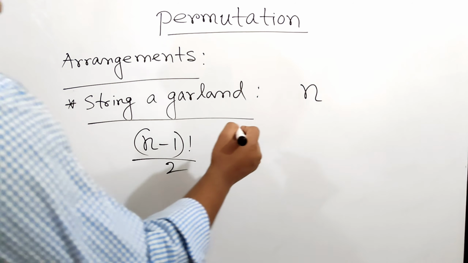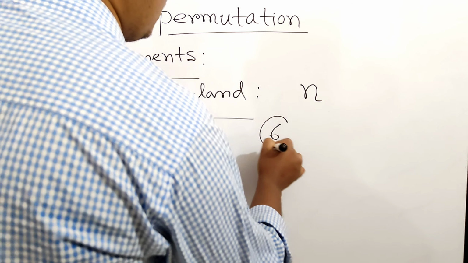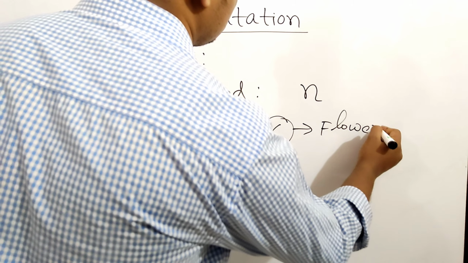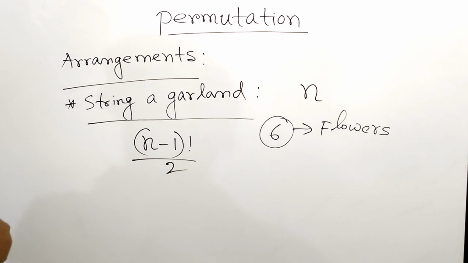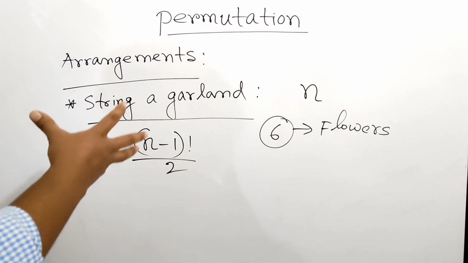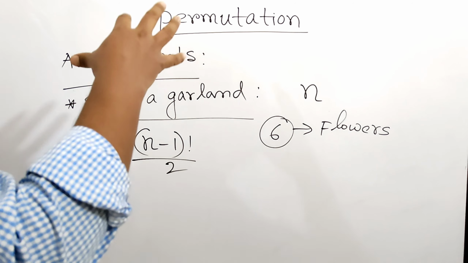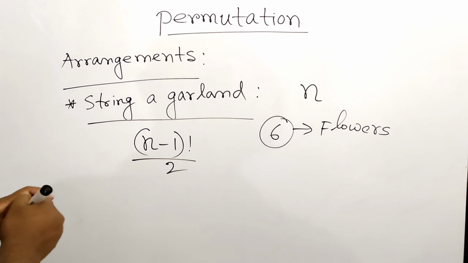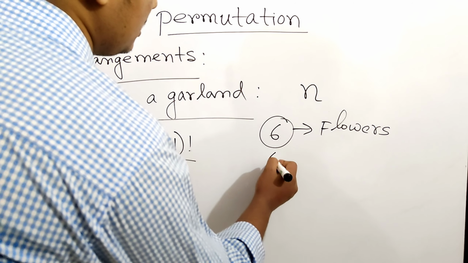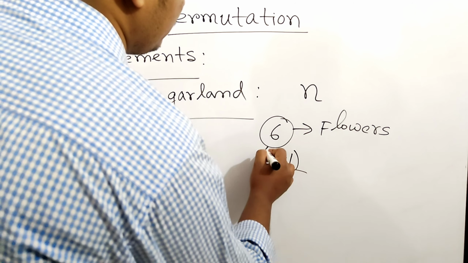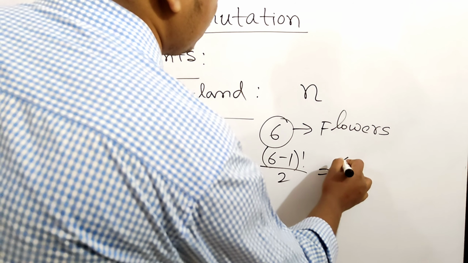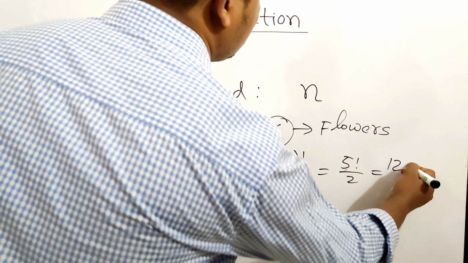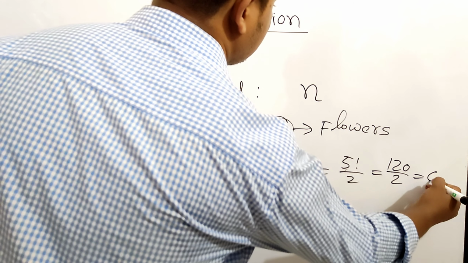So if there are 6 flowers, and the question asks how many ways you can string a garland from these 6 flowers, just use this formula: (6-1)!/2, that is 5!/2, that is 120/2, that is 60.